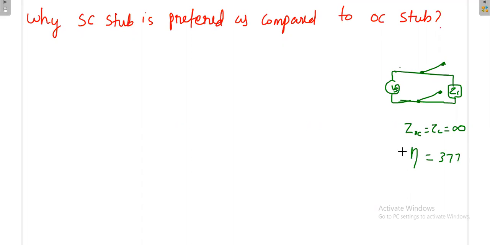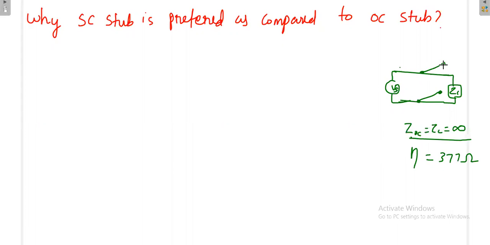What is the resistance provided by free space at high frequency? That is 377 ohm. So we think we have a stub with open circuit, but actually that stub is terminated with 377 ohm, because the impedance of free space is always 377 ohm. So it is not possible to have an open circuit with infinite impedance.